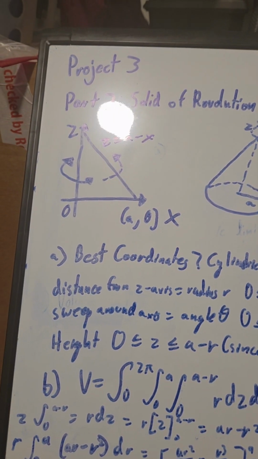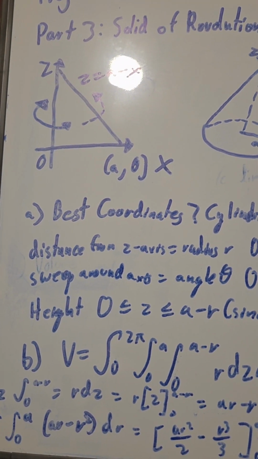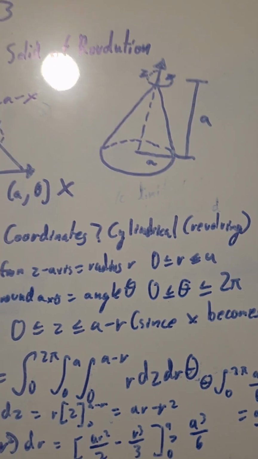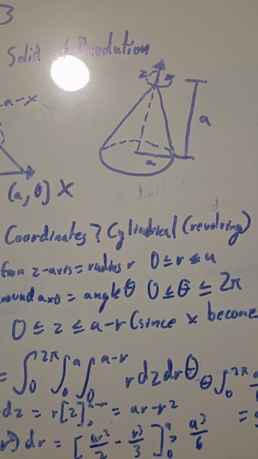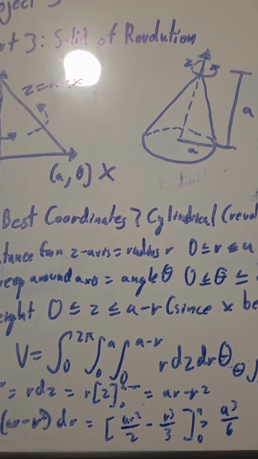The distance from the z-axis of that line would be a radius r, so r is greater than or equal to 0 and less than or equal to a.